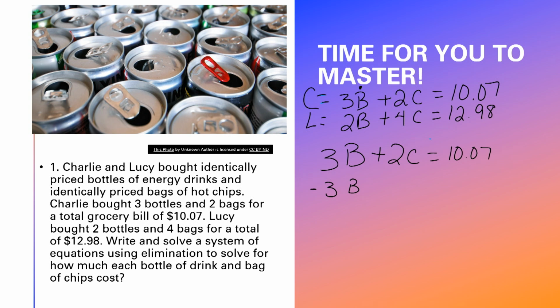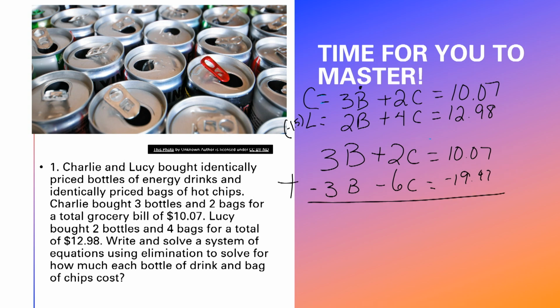Since I wanted a negative, I'm going to multiply everything in Lucy's equation by a negative 1.5. So I'm going to get 4 times a negative 1.5, so I'm going to get negative 6c. Then I'm going to take negative 1.5 and multiply it by 12.98 and get a negative 19.47.